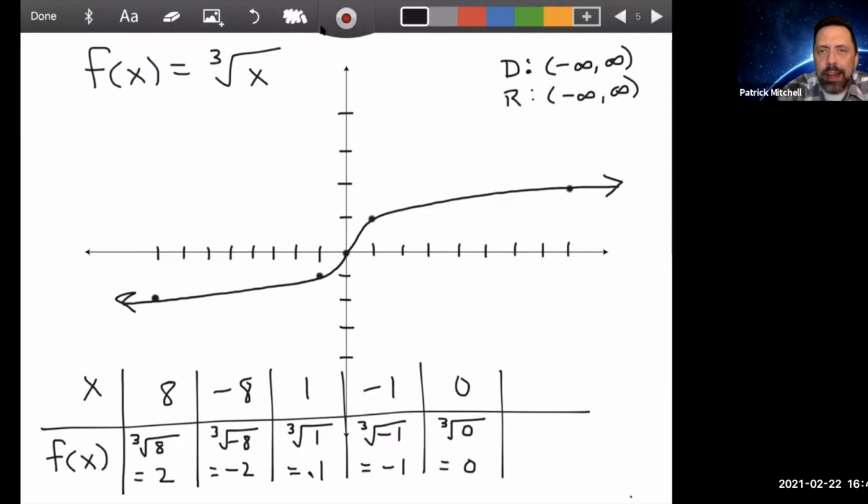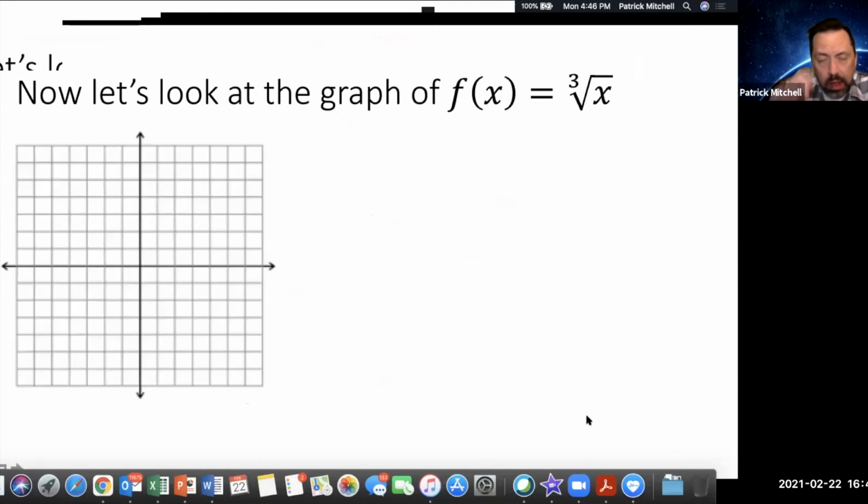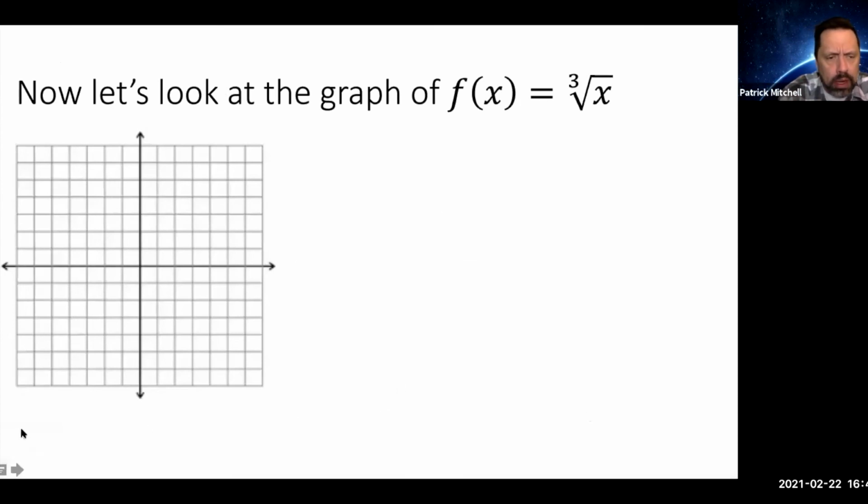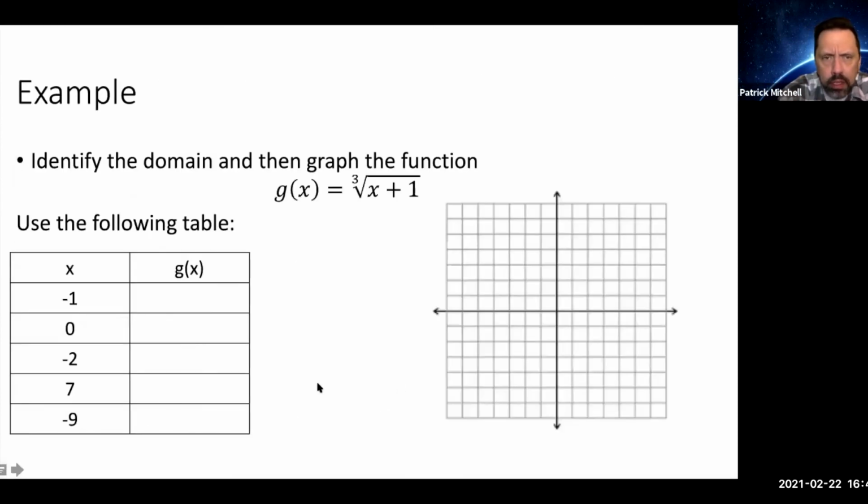All right, so the very last example, and I'm actually going to do this different from how I've always done it before. I can't even remember why I've usually done it this way. So the question is to identify the domain and then graph the function g of x equals the cube root of x plus 1. So you know what?